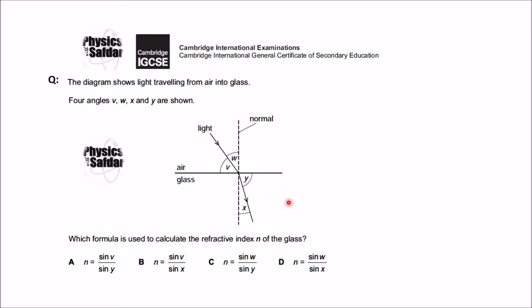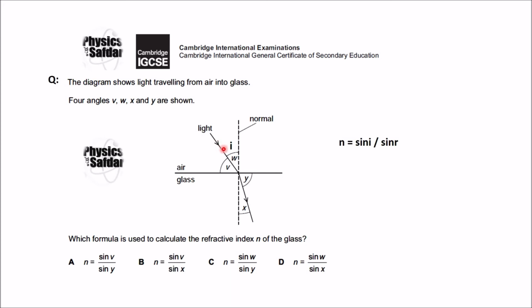First you need to recall what formula is used to calculate the refractive index of the material. n, the refractive index, is equal to sin i over sin r. i is the angle of incidence and r the angle of refraction. Jump on the diagram again and check where angle i and angle r are. The angle between normal and incident ray is the angle of incidence.